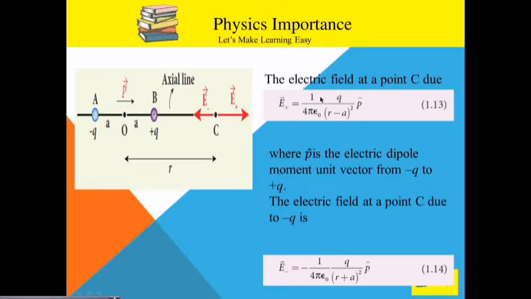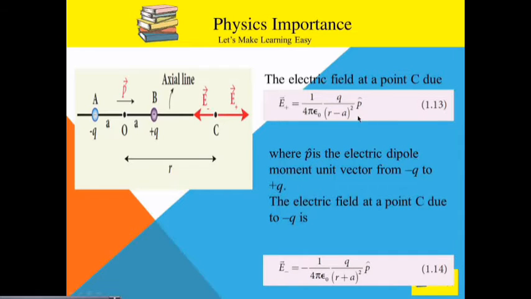The electric field formula is 1 by 4 pi epsilon naught q by, in the place of distance, we substitute r minus a, so that we get this particular distance BC. So the distance we are taking is r minus a the whole square. This is the formula for the electric field at this particular point C due to the charge plus q.